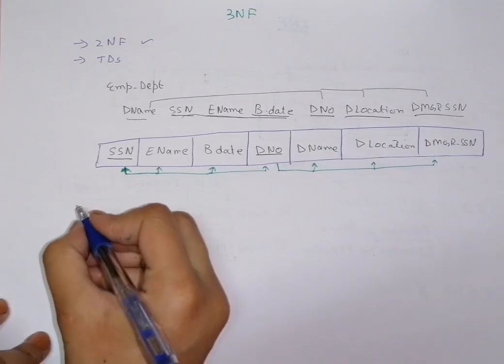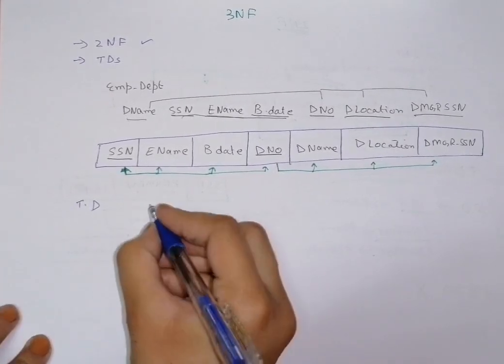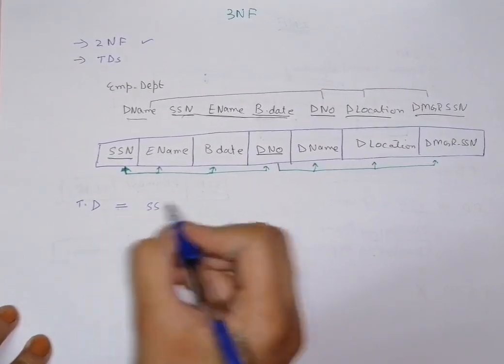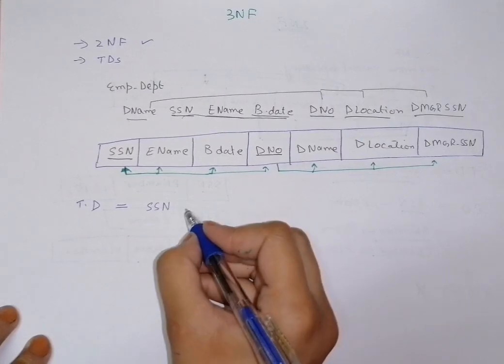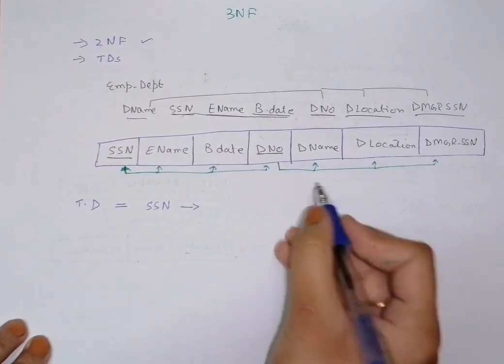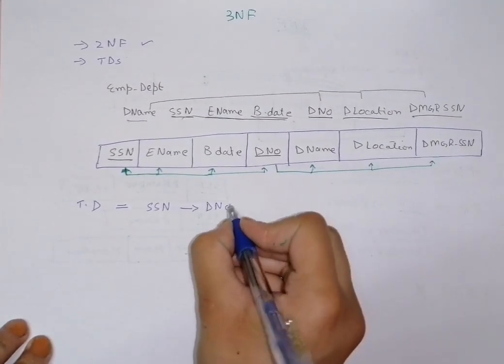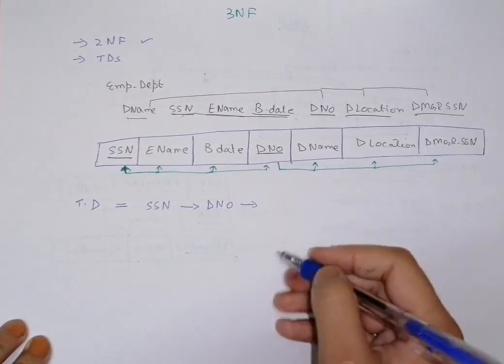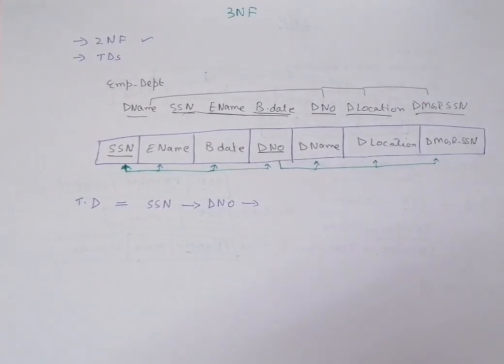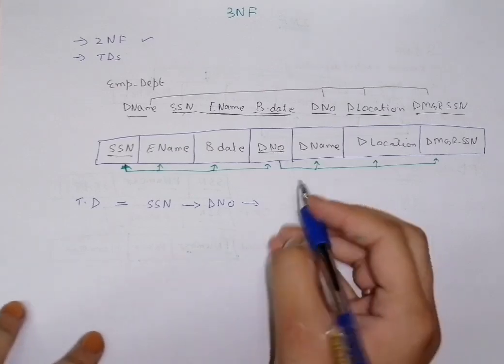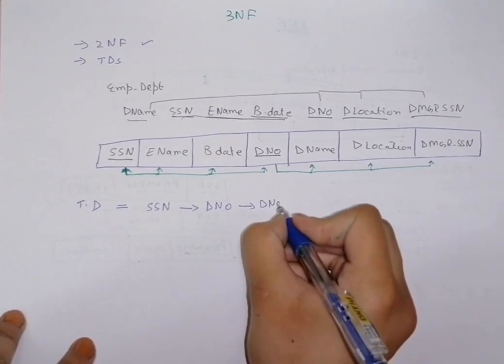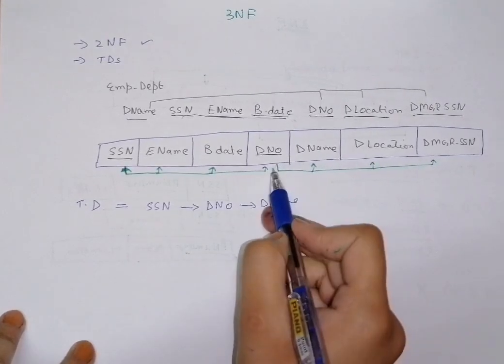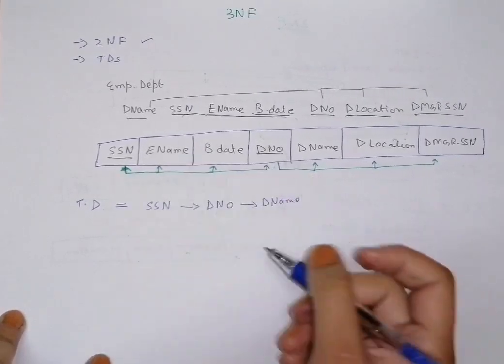So if I write the transitive dependency, you can see that it is for SSN, and you can figure out the department number from SSN and all the relevant details from a particular department number. Here you can write it like department name depends on department number, which depends on SSN.